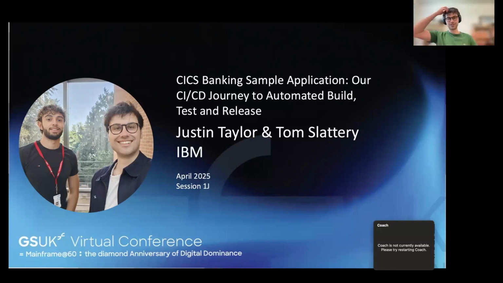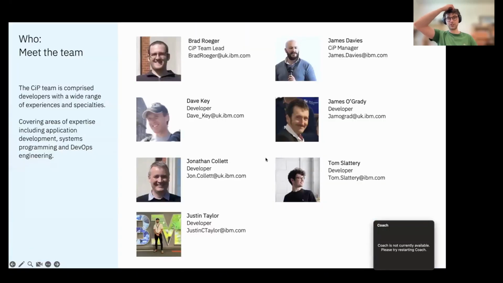Cool, thank you. So what we're going to be talking about is an open source application called CBSA. But to give you a bit of context around CBSA and particularly why we're looking at automation for development of CBSA, I'm going to do a quick intro to the customer and production team. I assume since we're on the CICS track, lots of people are familiar with CICS.